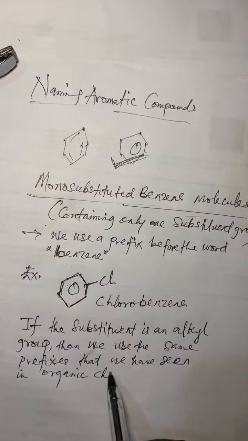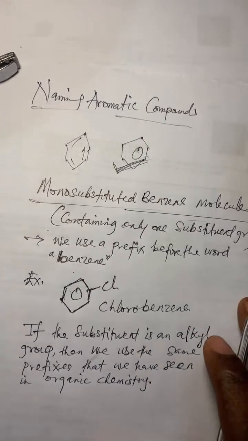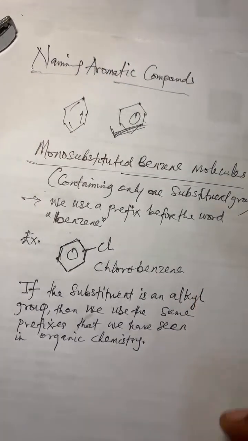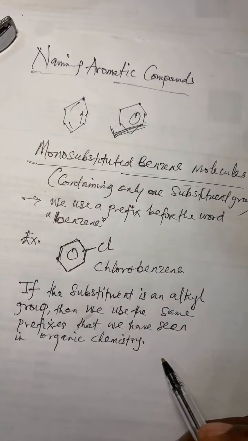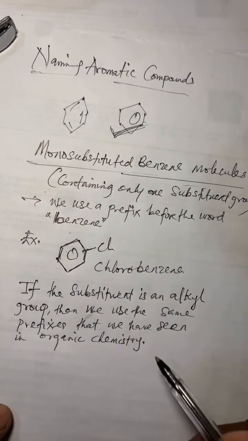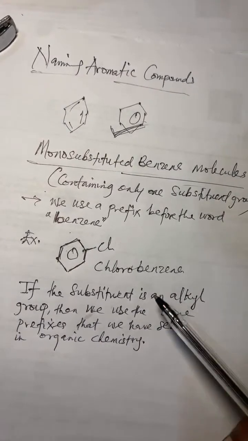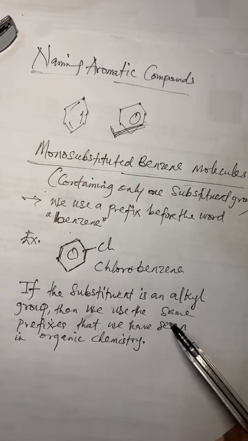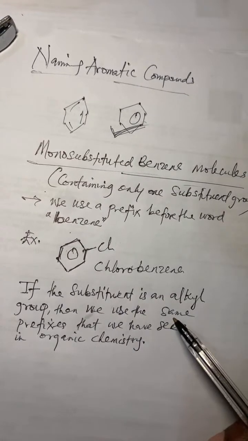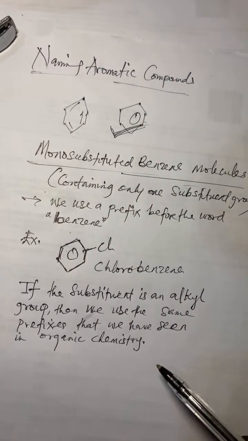Have you heard of the first members of the alkyl group, the methyl, the ethyl, the propyl, or maybe if you're talking about the alkane family, the homologous series, where you have methane, ethane, propane, butane, pentane, hexane, heptane, octane, nonane, decane? Are you familiar with that?